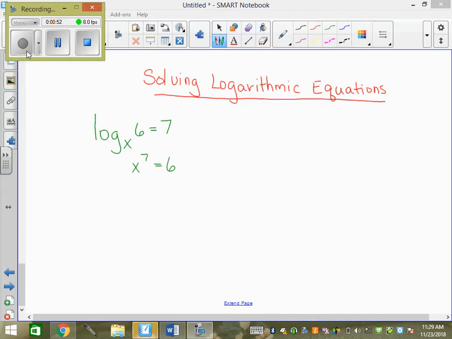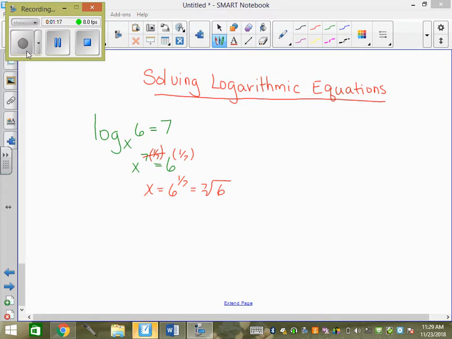Then we'd raise this to the 7th, and we'd have x equals 6 to the 7th, or the 7th root of 6. That's what we did before. Whenever we had one log, we could always get it to be exponential.